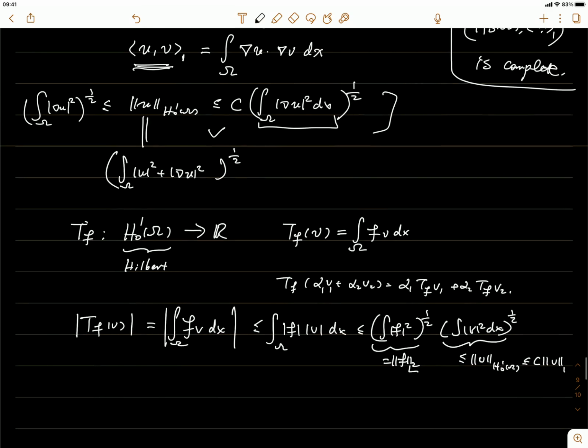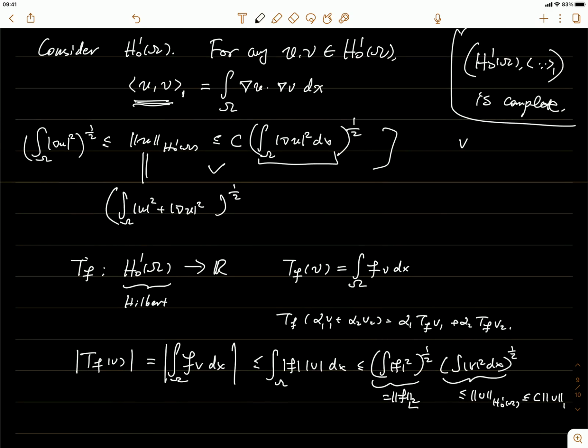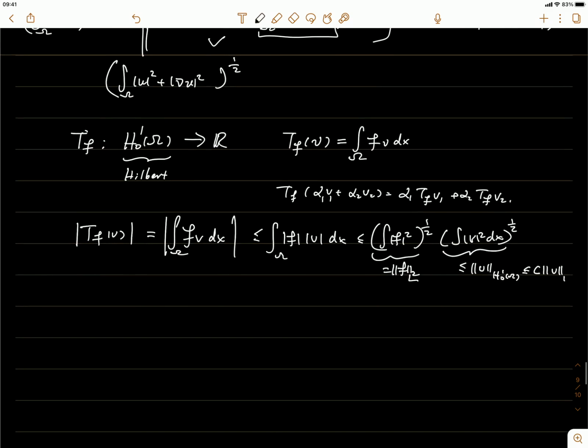Right, this one norm is like the one we define here. The one norm of v is defined to be the one inner product between v and v itself, then take a square root. Okay, that must be less than that. So that means this is less than or equal to C times the norm of f in the L2 space times the one norm of v.